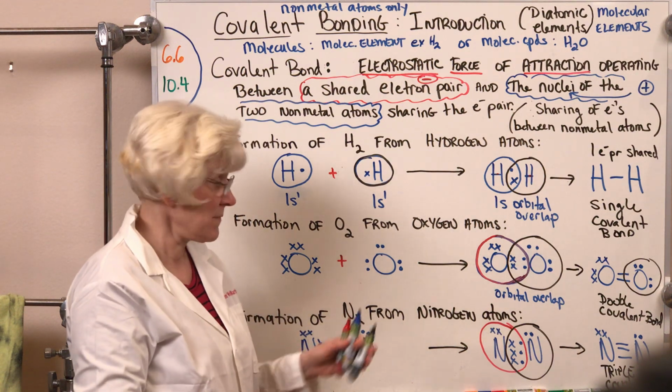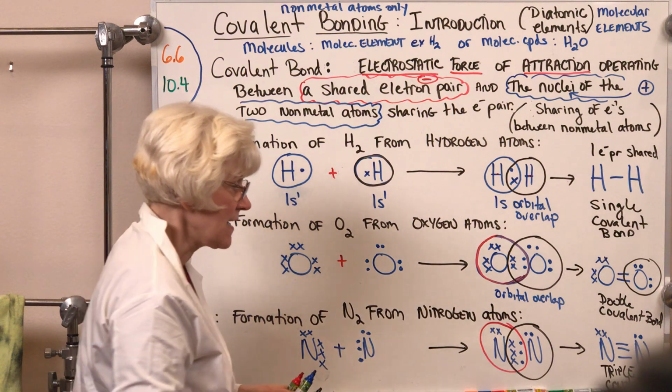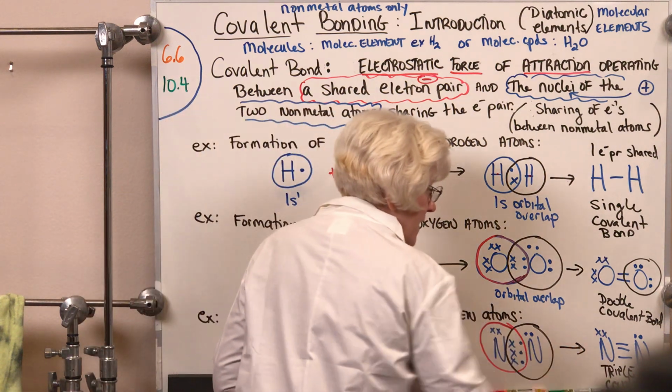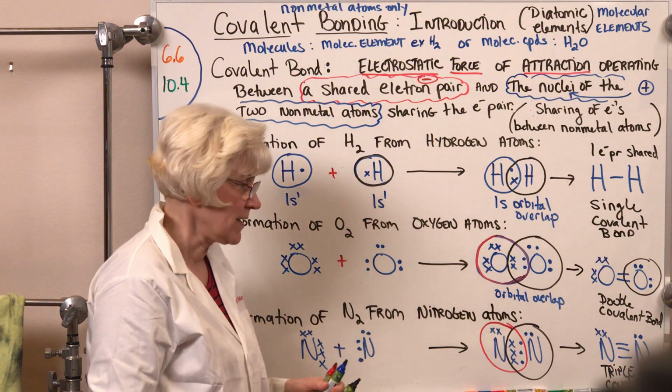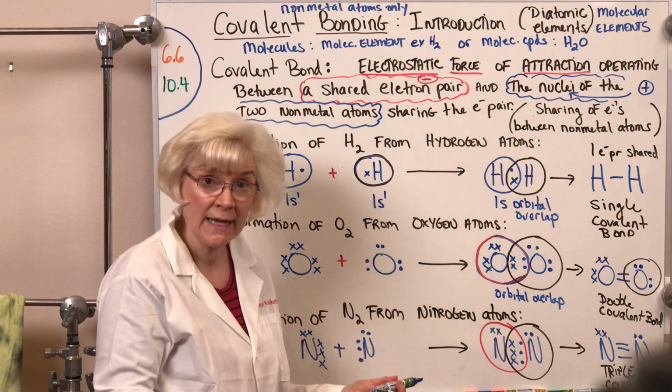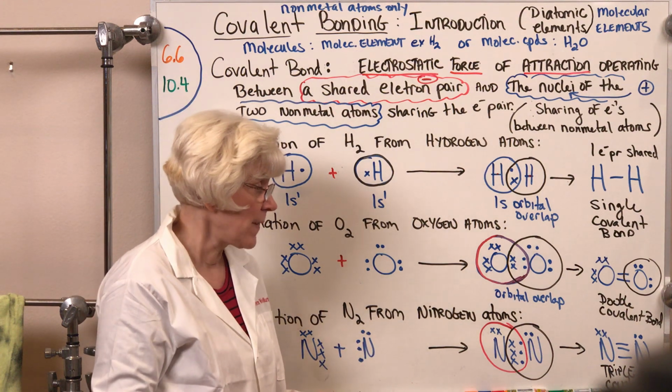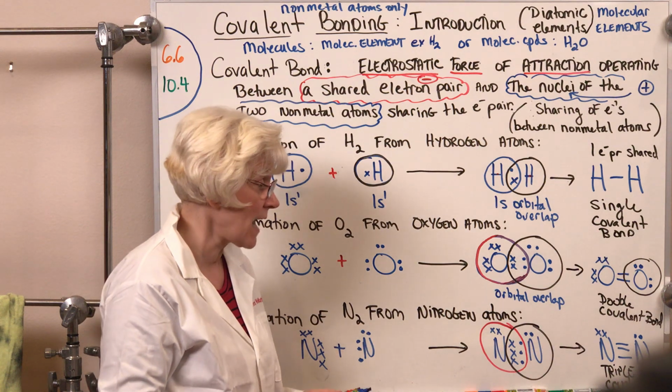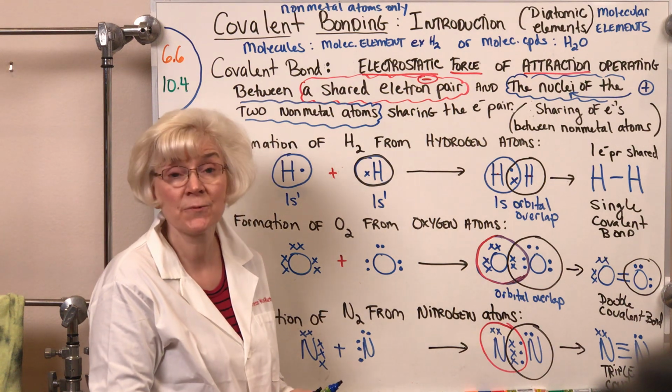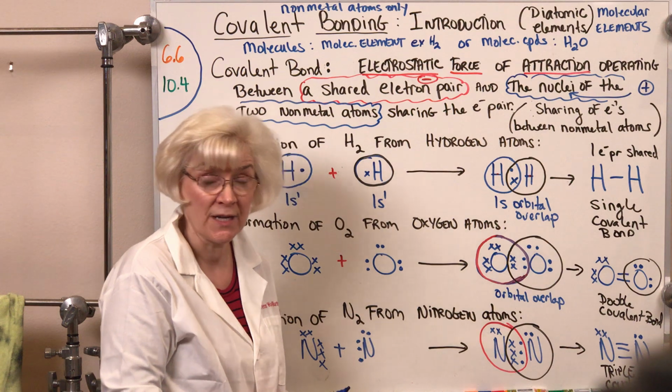One last thing before we finish this discussion is once we see the Lewis dot structure, it gives us an idea or information about why nitrogen as a diatomic molecule is less reactive than oxygen is.